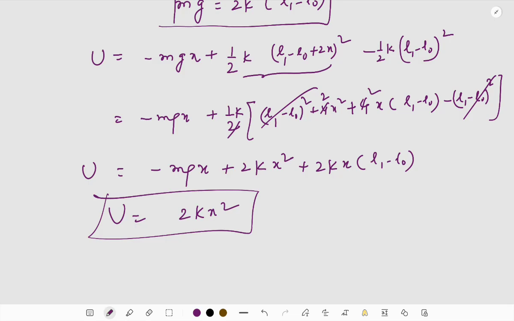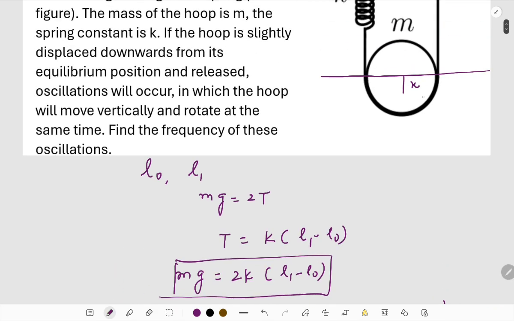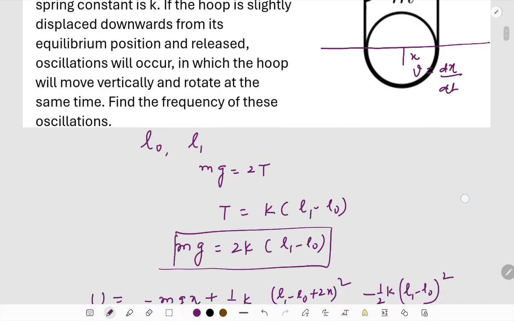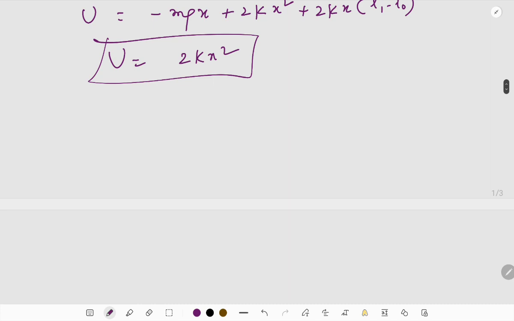And what about the kinetic energy of the hoop? Its rotational and translational kinetic energy is equal, because it's rolling here, there is no slipping anywhere, so its rotational and translational kinetic energy will be the same. The velocity of its center can be written as dx by dt, and it's still rolling on the string.